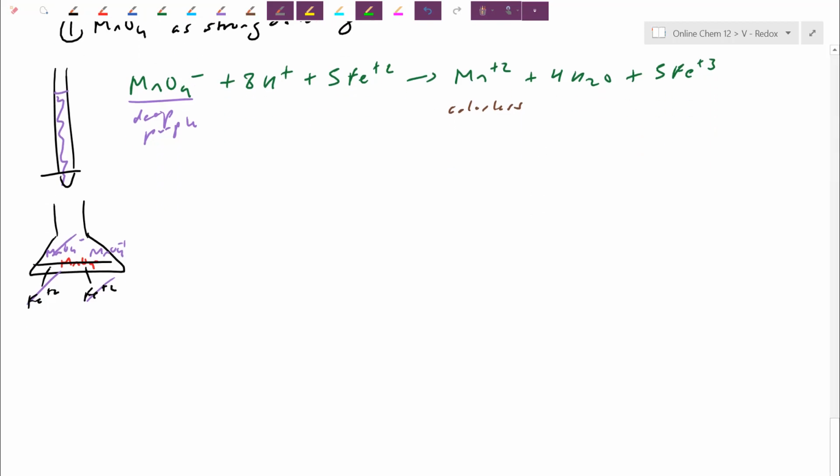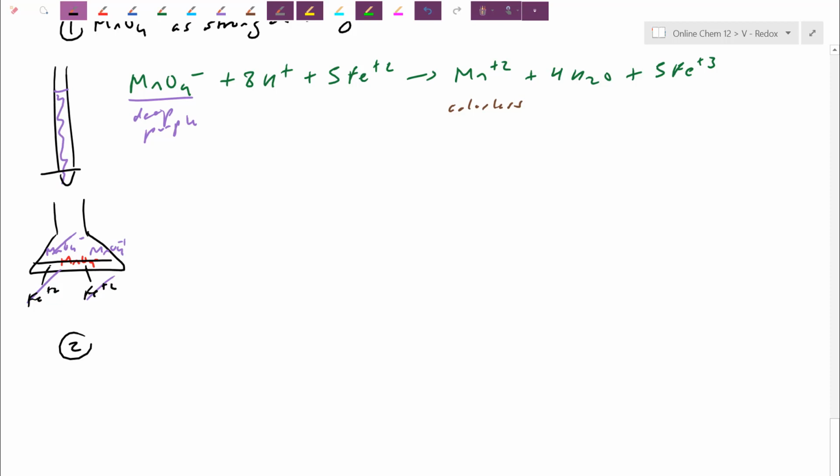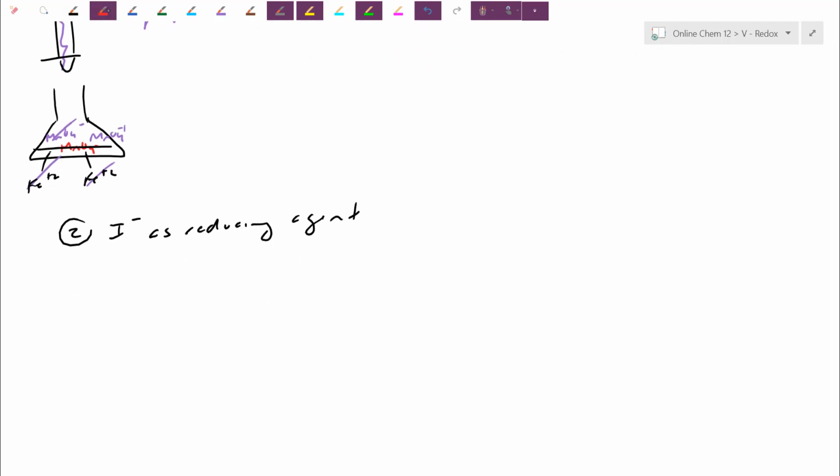The other equation here was a little bit harder. The other way we can set this up here is using I- as a reducing agent. The reason why this one was a little bit harder is because it actually takes place in two different steps. Okay, so let me just hint at how these steps go again. Step 1: we have something, let's say bleach, right?